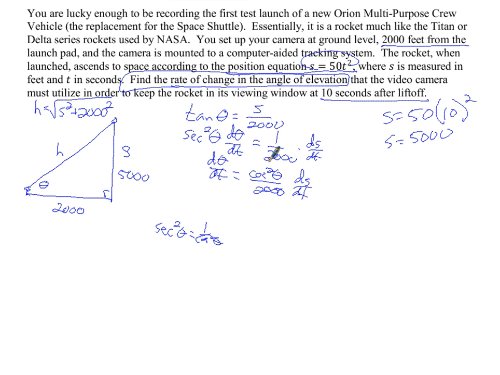What is cosine in terms of SOHCAHTOA? Adjacent over hypotenuse. Well, the adjacent is 2,000. Cosine theta equals 2,000 over the hypotenuse, which we've got sitting right here. It's the square root of s squared plus 2,000 squared.